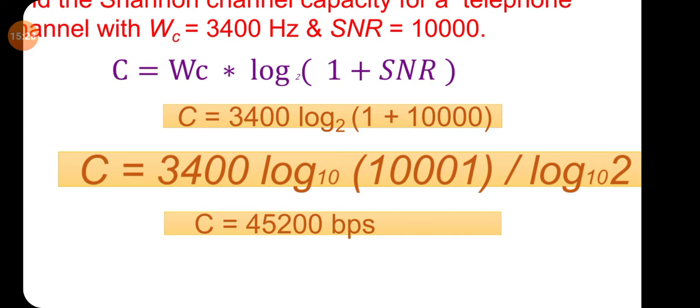Clear? So that is why the next step of solving the problem is C equal to 3400, which is the bandwidth, into log of 10,001 to the base 10 divided by log of 2 to the base 10.